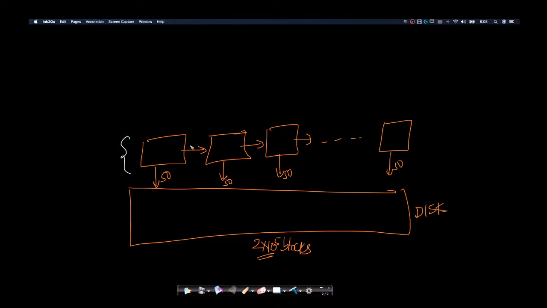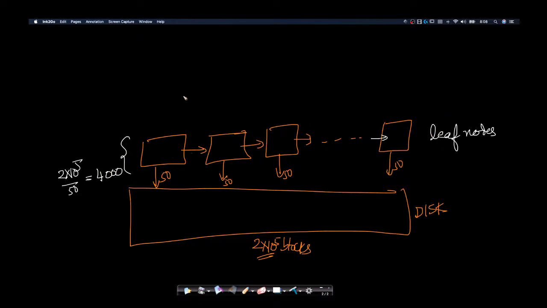How many such nodes will there be? Compute 2 into 10 power 5 by 50: 200 by 50 is 4, so you get 4,000. You can have 4,000 leaf nodes here, because in the worst case each leaf node has 50 pointers.